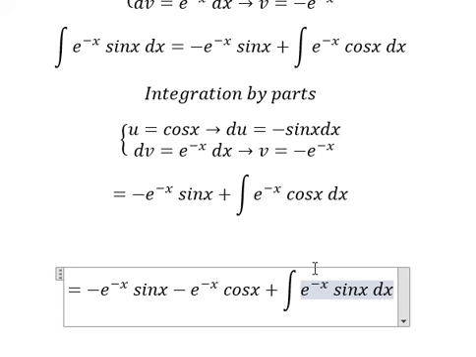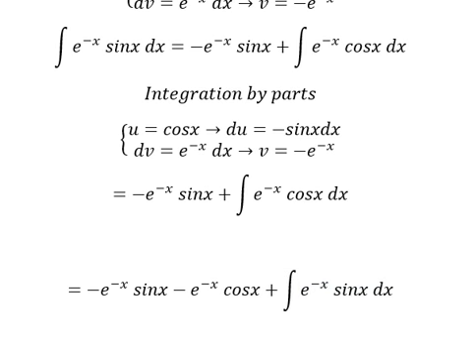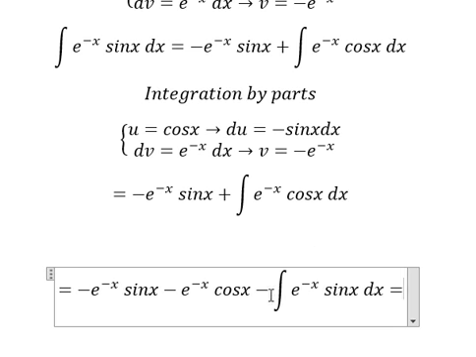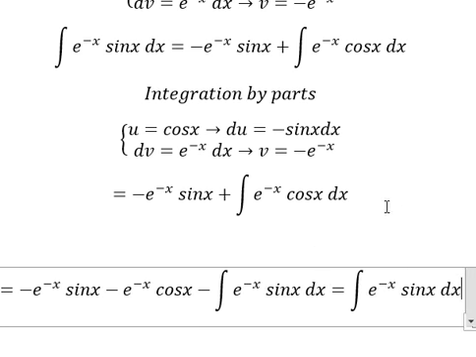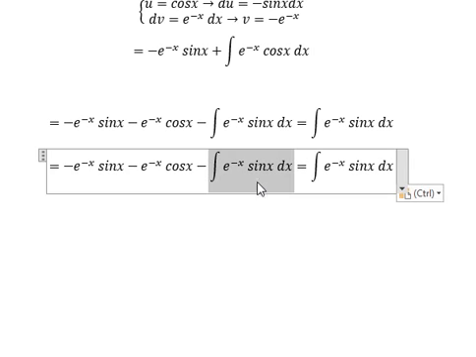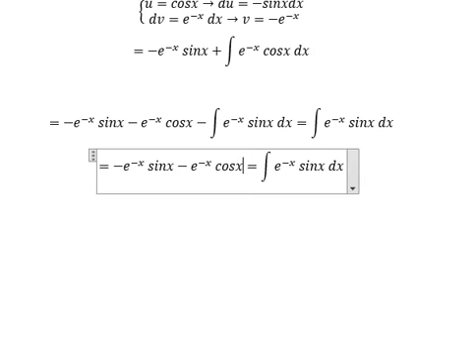and we know that everything in here, negative sign here, equals this integration. And now we move this one to the right.